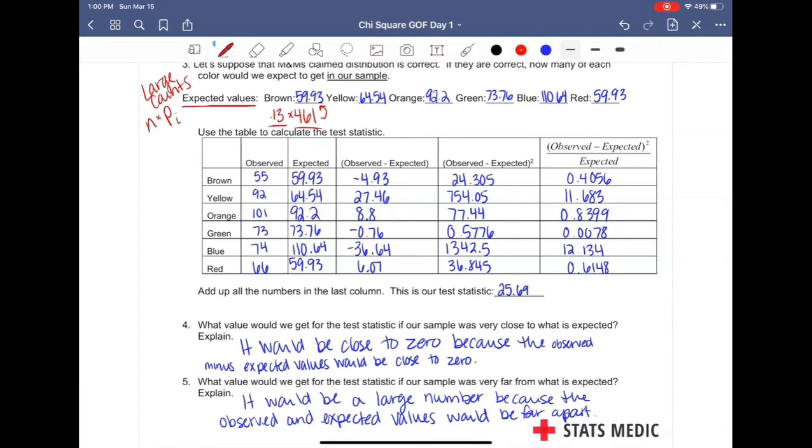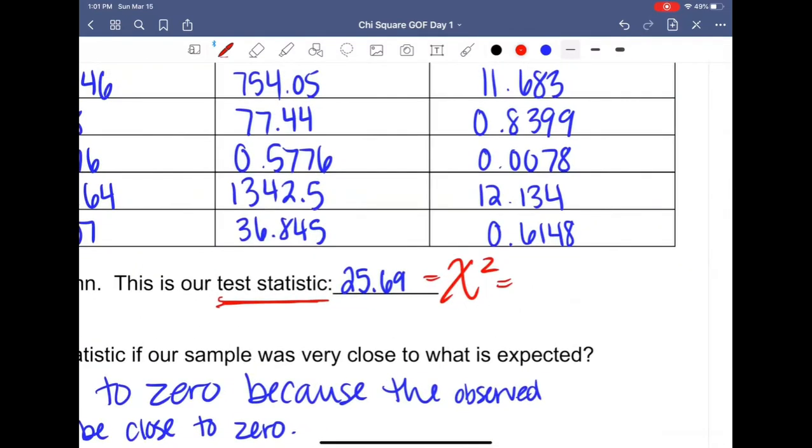And you'll notice here it says this is our test statistic. Prior to this, when we've done test statistics, we've had either Z or T test statistics. This is a new type of test statistic, and it is called a chi-squared test statistic. A chi-squared test statistic is found by doing this observed minus expected squared, so I'm going to put that here.